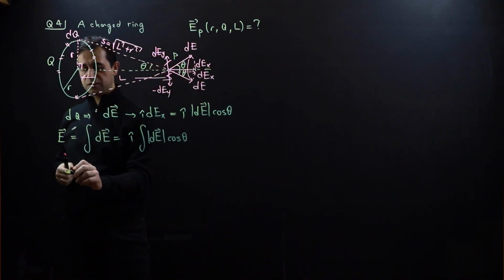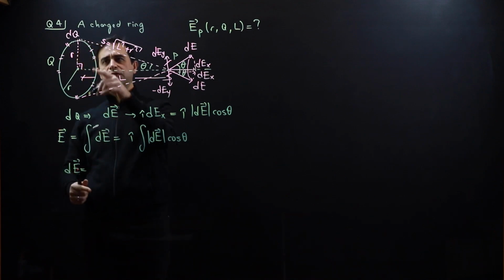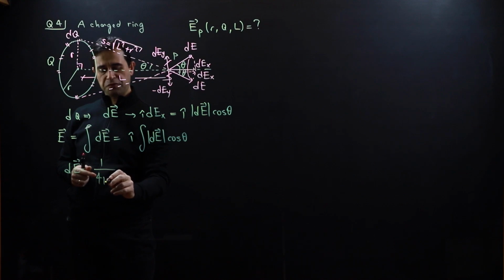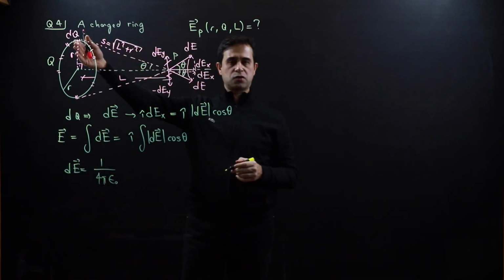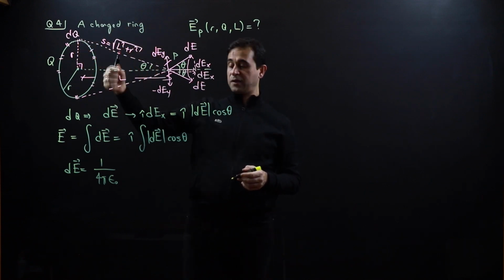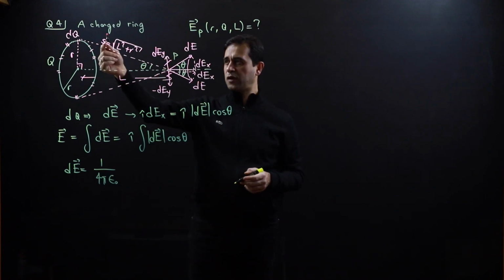It's very simple, right? dE magnitude is equal to the electric field due to this charge dq. So that's 1 over 4 pi epsilon, the famous factor, right? And then I'm going to multiply this factor with the charge and divide that by the square of the distance. But I know what the distance is.